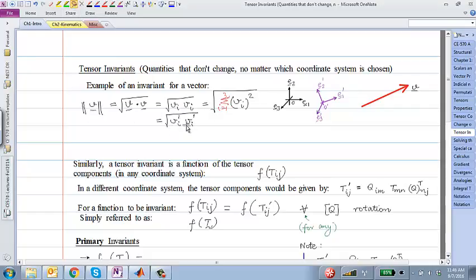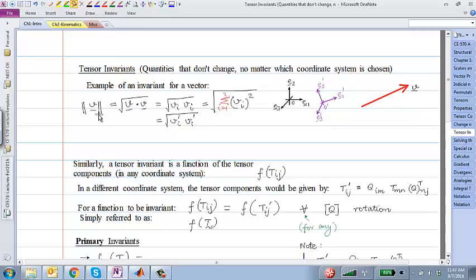So the objective here is to show that whether I calculate vi or vi prime with respect to a different coordinate system, I'm going to get the same number, same scalar that represents the magnitude of this vector. How can I do that? How can I show that whether I calculate it using the prime components or the unprimed components, I'm going to get the same magnitude?